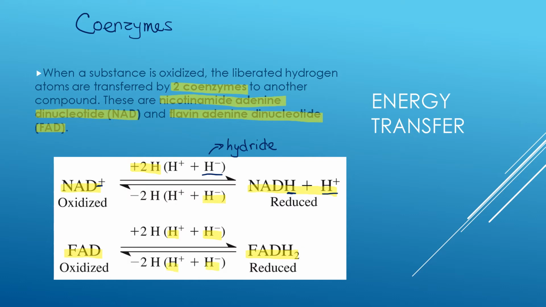So FAD is the oxidized version, and FADH2 is the reduced version. And then same with NAD being the oxidized version and NADH being the reduced version. These are our two coenzymes that will essentially carry hydrogen atoms to where they're needed.